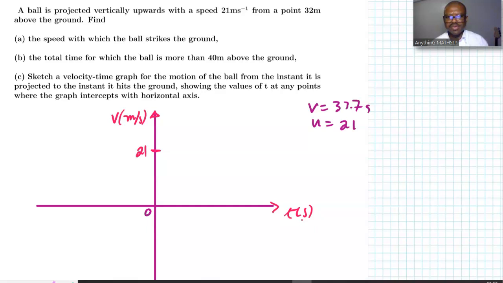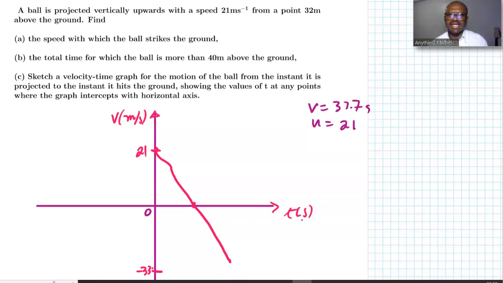So what happens is this will be a straight line, and you have 33 point something here, and you have to find the time it got to 0, the time that the velocity is 0.